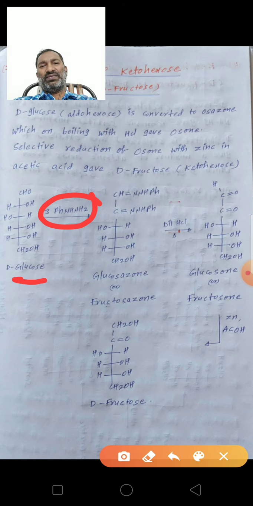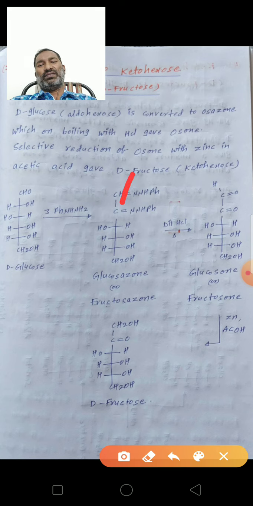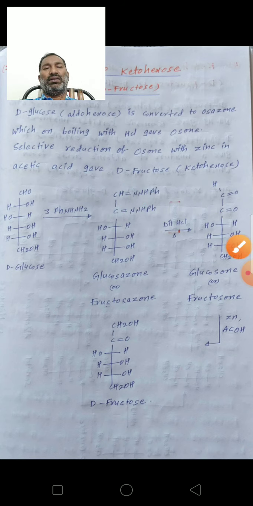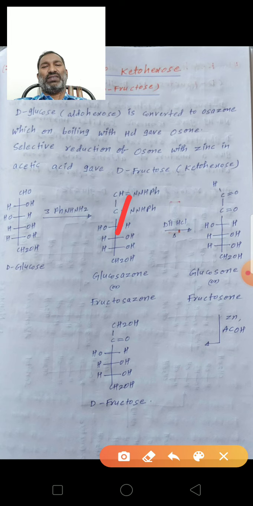See here, when reacting with this hydrolysis, here CH double bond NH, this bond is broken, and from C double bond N, this bond is broken here. The first bond converts into the aldehyde functional group, and the second breakage converts to the keto functional group.